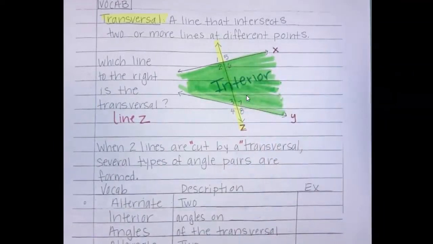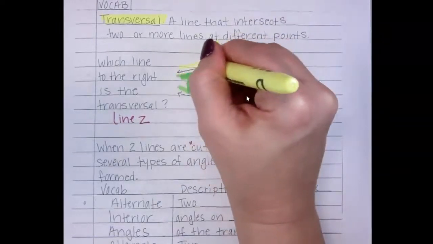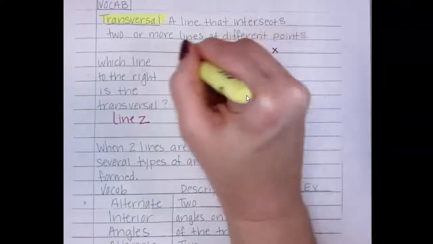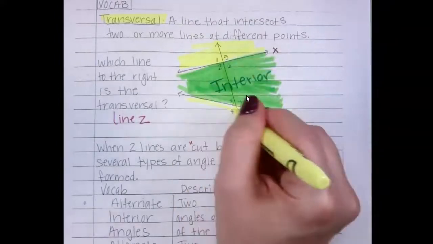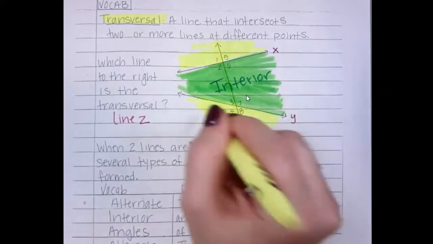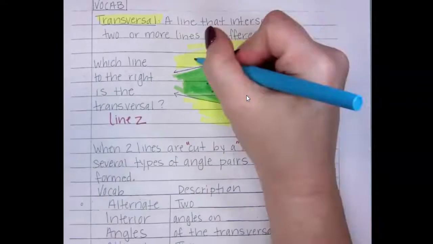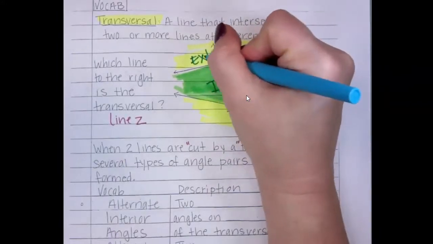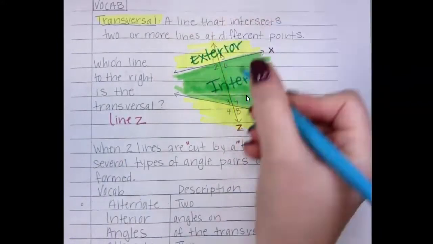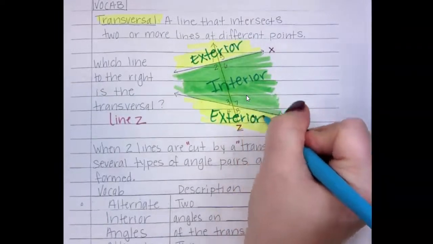Okay, 2, 6, 3, and 7 are what we considered interior. So logic would then tell us that exterior would be out here. And so we have 4 exterior angles, 1, 5, 4, and 8. All right, so those are the first distinctions you need to know.